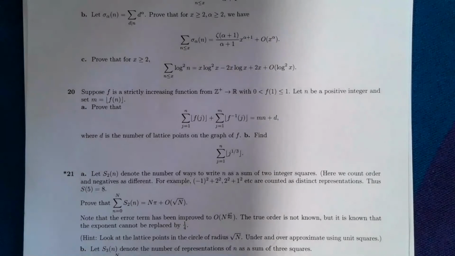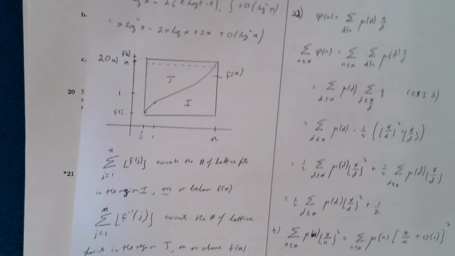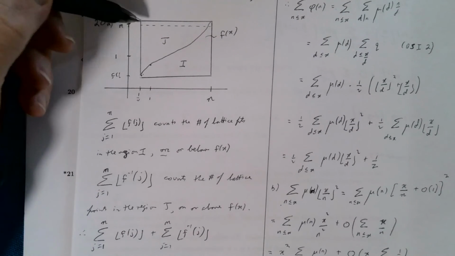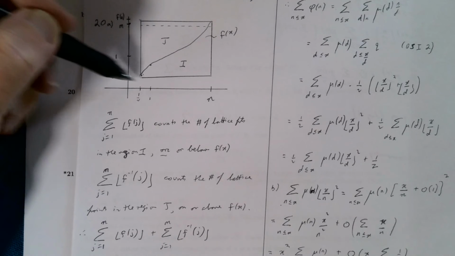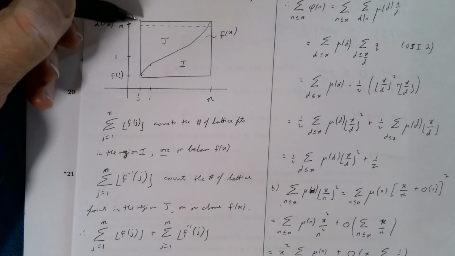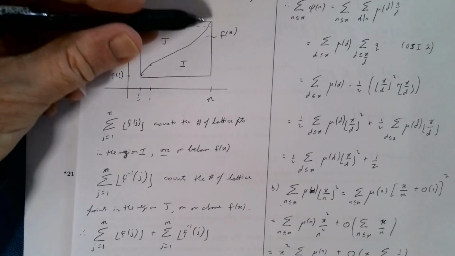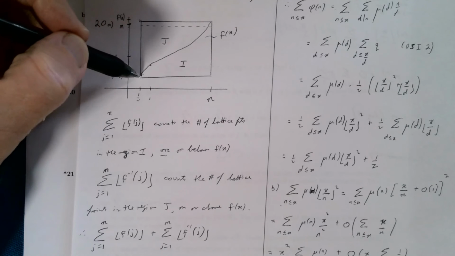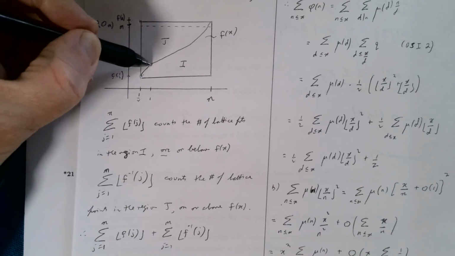So once you draw a picture, it becomes a lot clearer. What we have here is a rectangle with one corner at a half, and the other corner up here at f of n. Here's my function f, which is increasing, and f of 1 is less than 1.